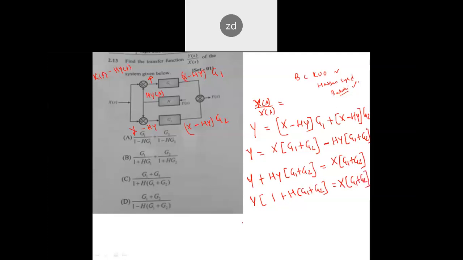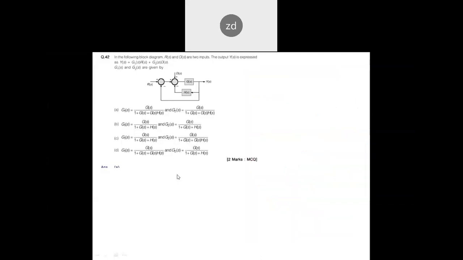Now if you want Y by X, it's simple. Y by X would be equal to (G1 plus G2) divided by 1 plus H(G1 plus G2). So this is the solution, and you can clearly see option C gives the answer.